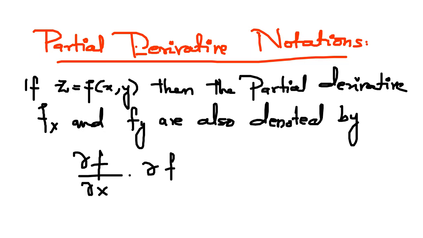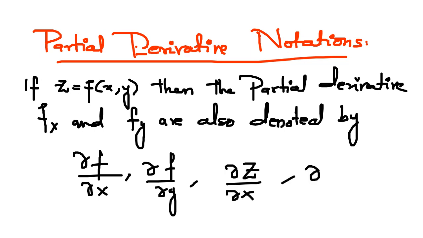You can also write partial f by partial y. You can also write partial z by partial x. You can also write partial z by partial y. Okay, because z is a function. So you can choose any of the notations for expressing the partial derivatives.